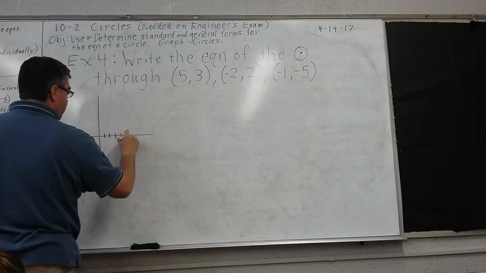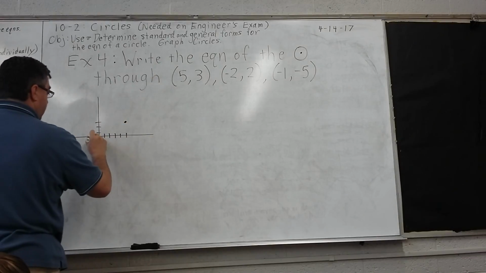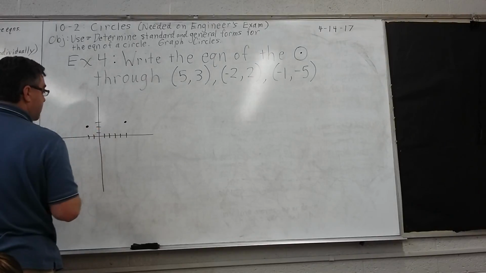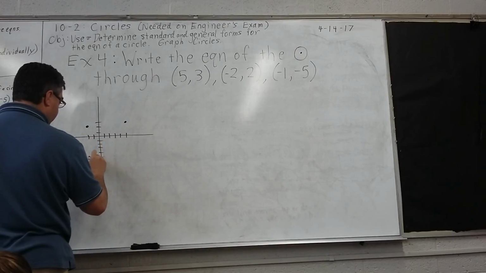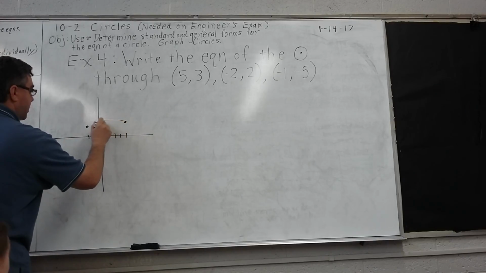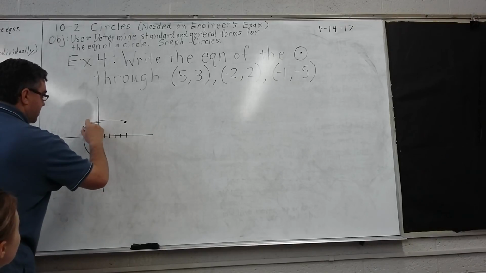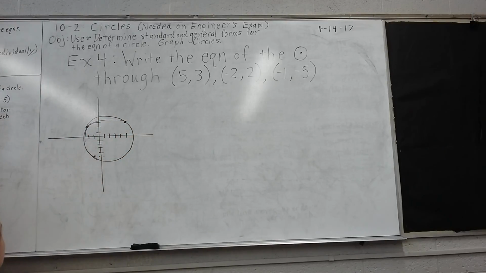So (5, 3) is there, and (-2, 2) is there, and (-1, -5) is right there. And what we want to do is have a circle that touches all 3 of these points. That's kind of difficult to make, but I go up here a little more, and it winds up looking something like that.